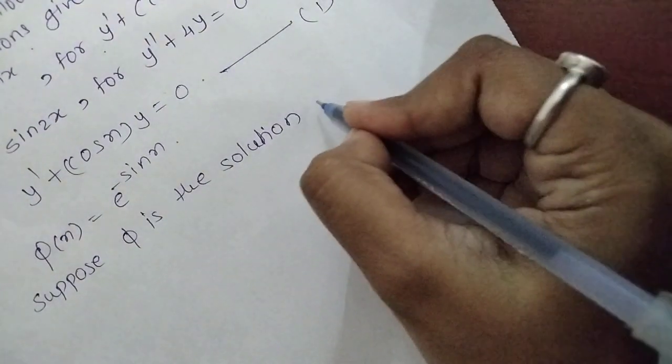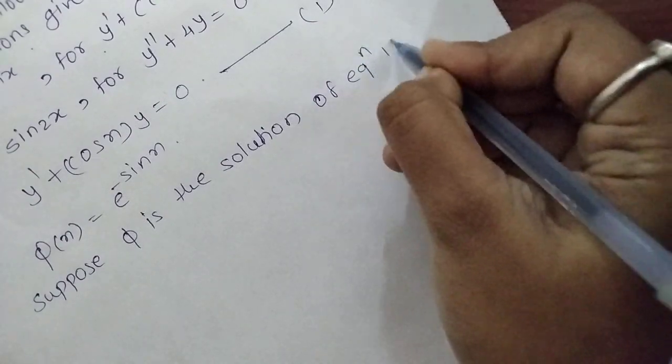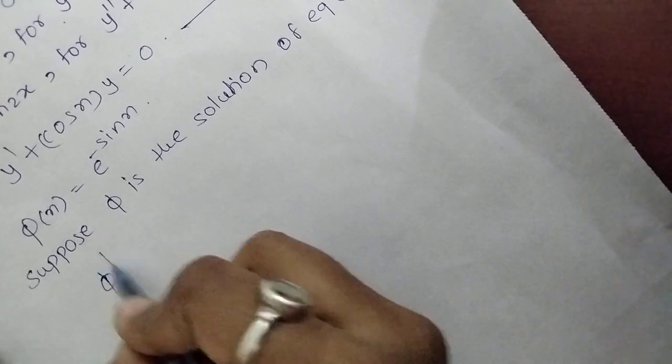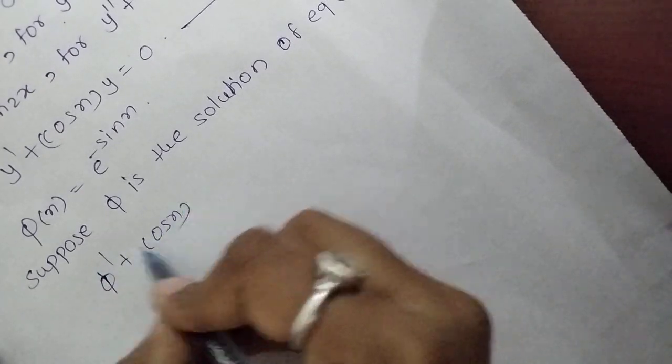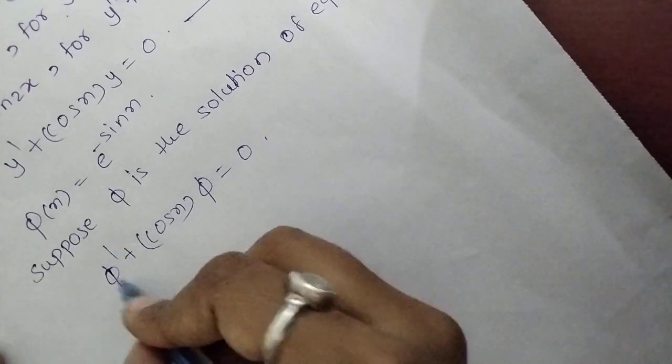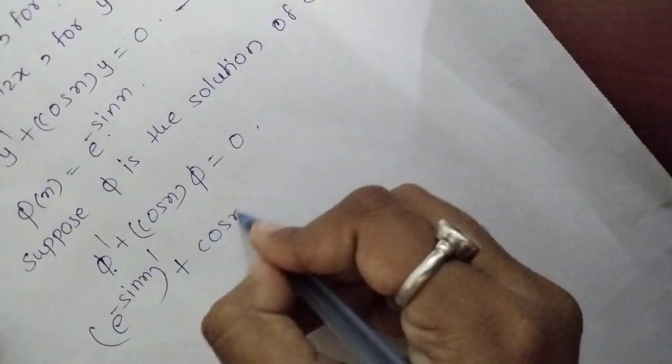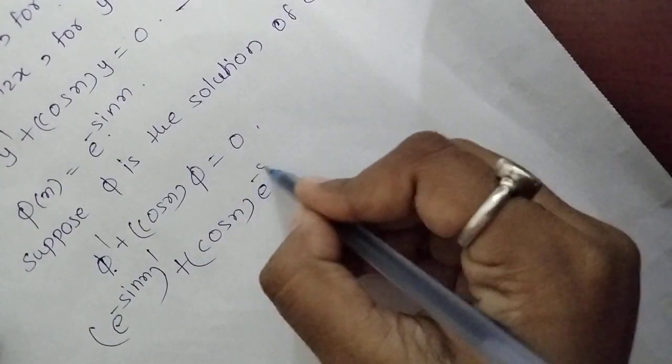So phi must satisfy this equation, that is phi dash plus cos x into phi is equal to 0. Here phi is e raised to minus sin x; take the derivative of this, plus cos x into phi, e raised to minus sin x.